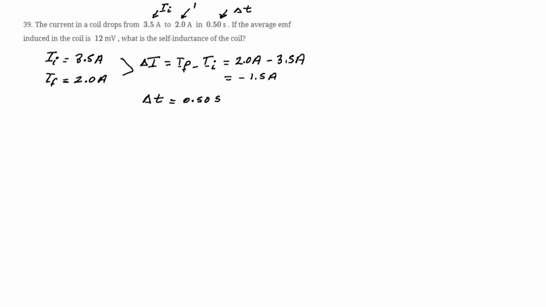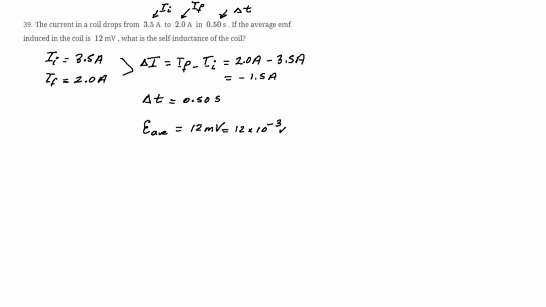Now, what do they say? They say that the average electromotive force induced in the coil is 12 millivolts. So the average electromotive force is 12 millivolts, which is 12 times 10 to the negative 3 volts.